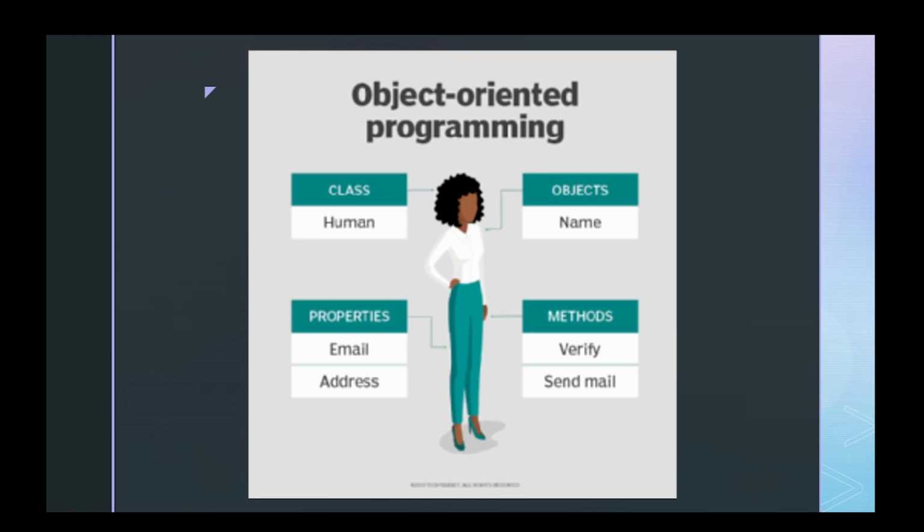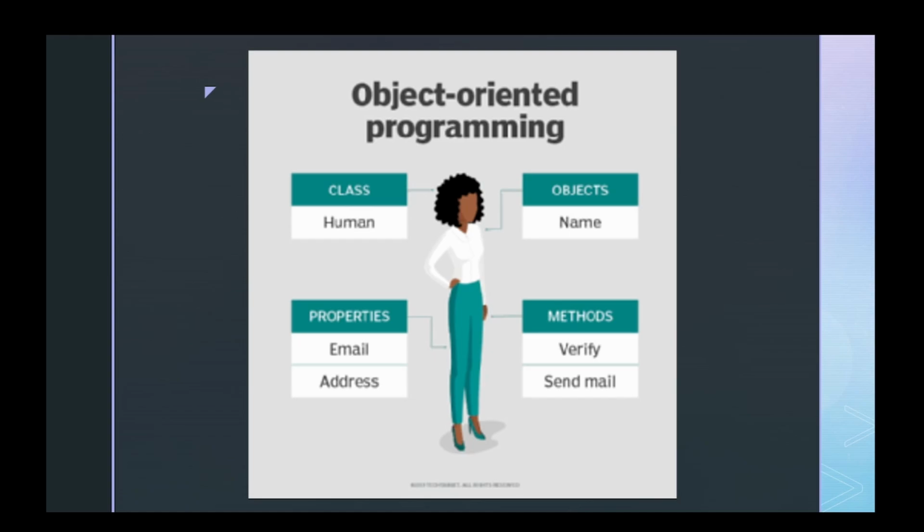Object-oriented programming has this idea that you have an object such as a human, and the class is called human. We're all humans, and our object is a part of that class, or a type of class. So your object would be a name for a specific human.